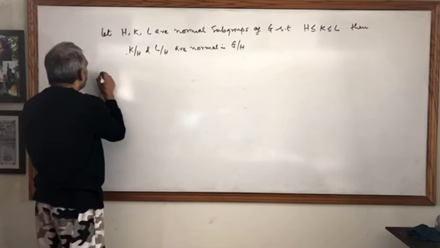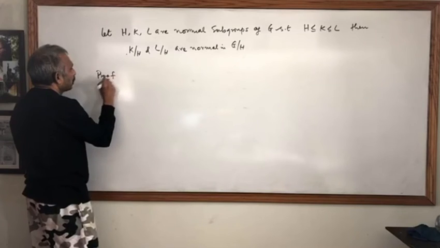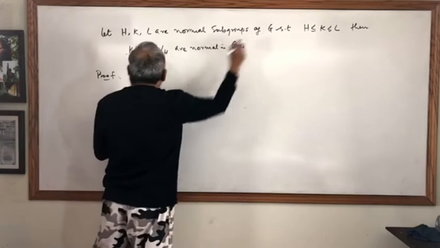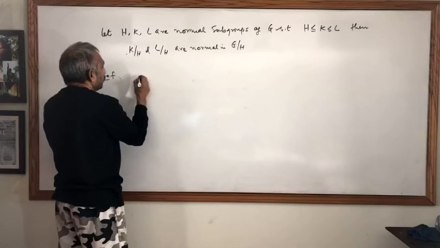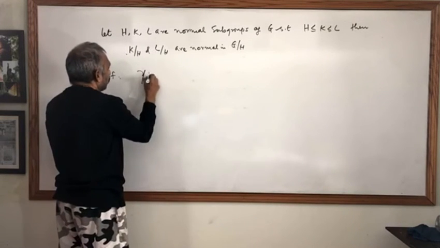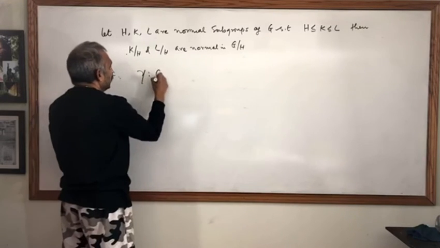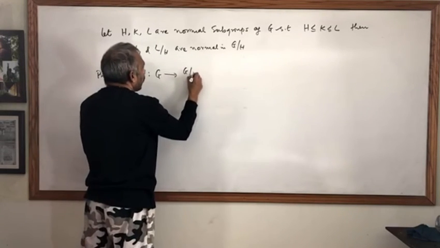The way we are going to show this one is, H is a normal subgroup of G, so we can always define the canonical homomorphism from G to G over H.